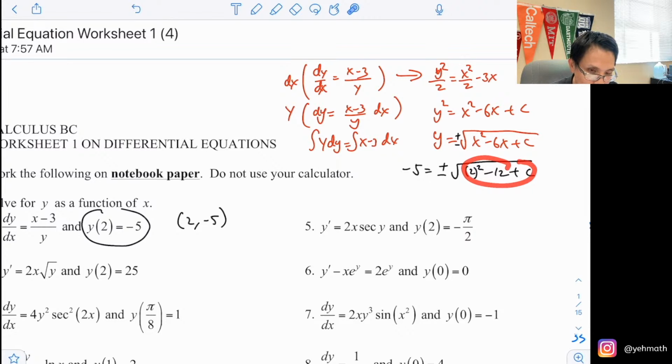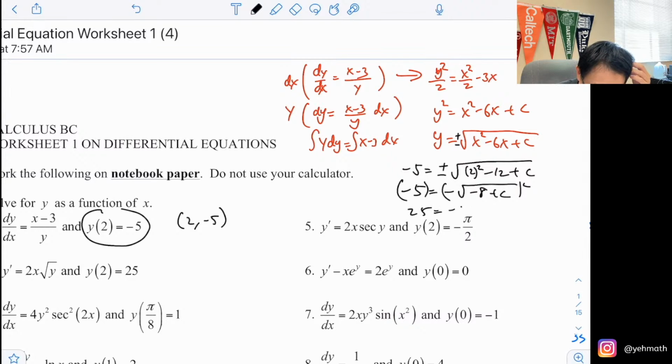So that means I have to choose the negative root in order to work. So it'll be -5 equal to negative square root of 4 minus 12, which is -8, plus c. So now I'm going to square both sides. And that's going to give you 25 equal to, negative times negative equals positive, so it'll be -8 plus c.